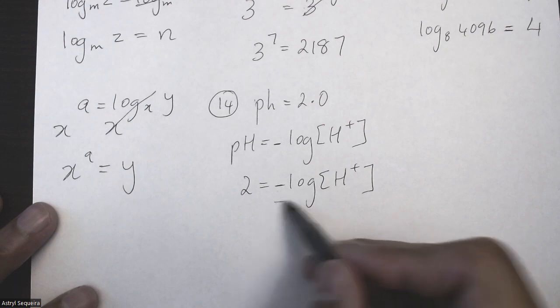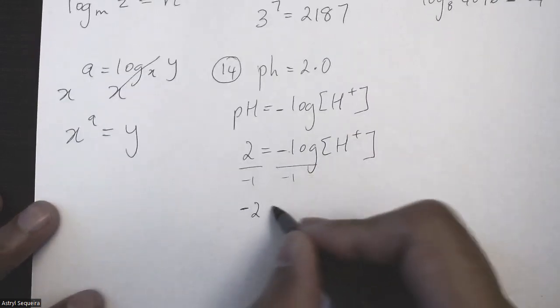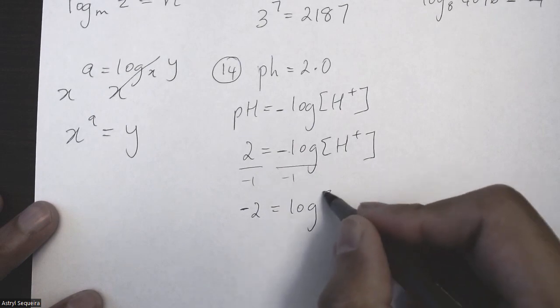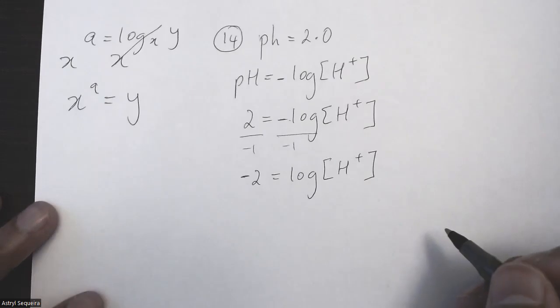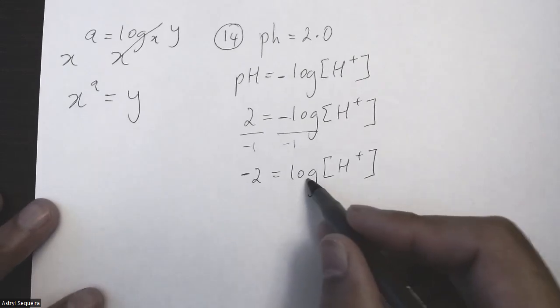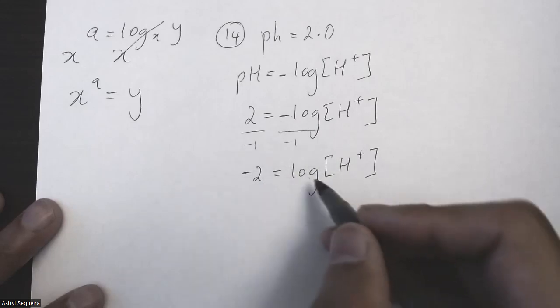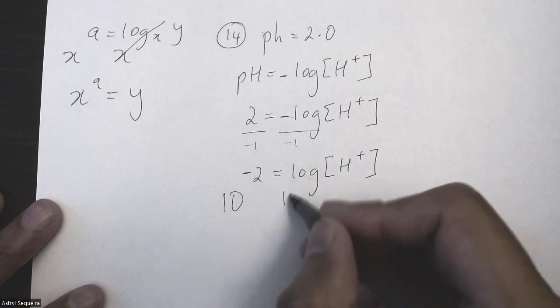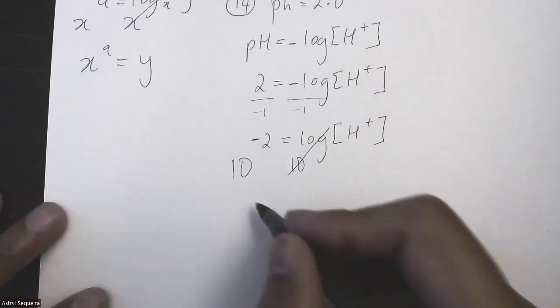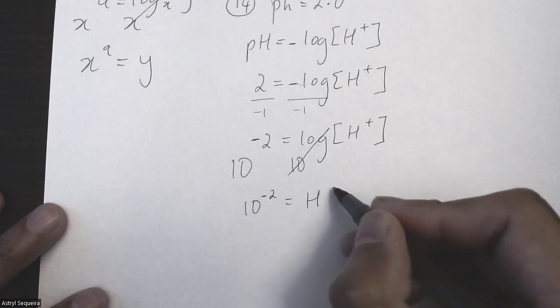I'm going to divide both sides by -1 to begin with to get rid of this negative. So -2 equals log H plus. And then we're going to get rid of the log. So to get rid of the log, I have to do 10 to the power of both sides. So when I get rid of the log, I'll write it in the same step. I'm doing 10 to the power of both sides. That's going to cancel. I'm just left with 10 to the power of -2 equals H plus.